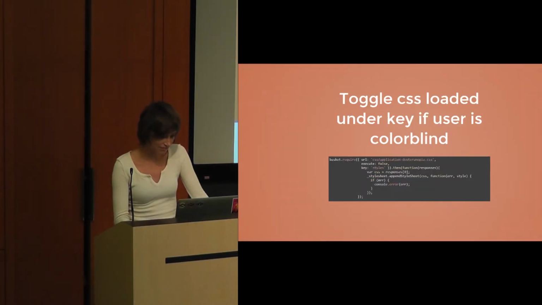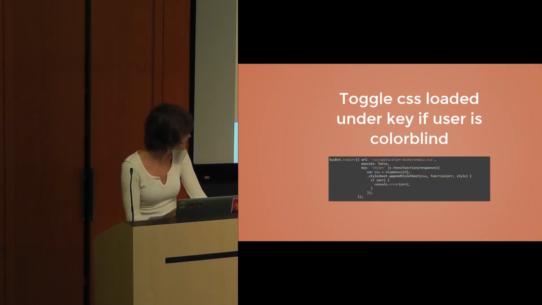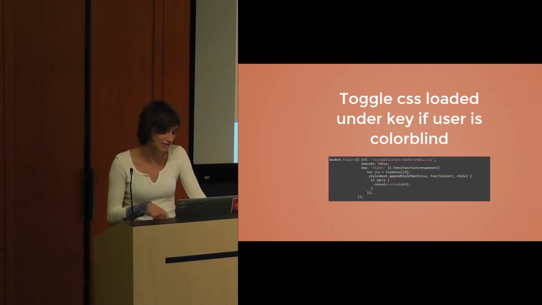Once we do that, we can toggle the CSS that's loaded by basically clearing the key and then re-requiring with the correct CSS. So it's the same exact code, but instead of requiring application CSS, I'm requiring application deuteranopia CSS.